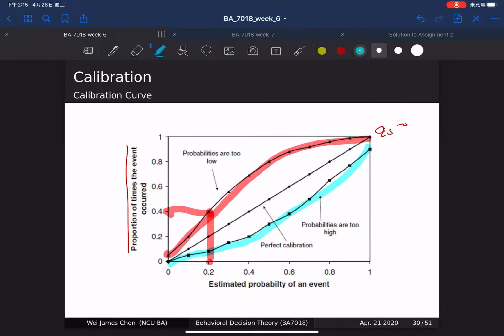And the blue line is too high. You estimate 40%, but what actually happened is around 20%. So both lines are off calibration, not perfectly calibrated. Only the 45-degree line is perfectly calibrated.